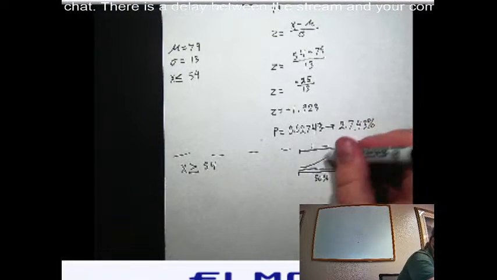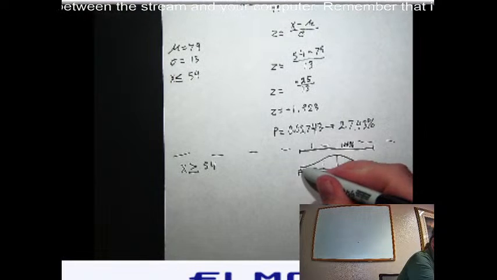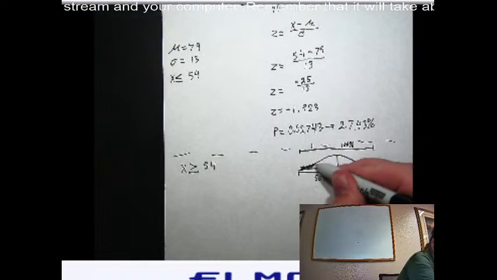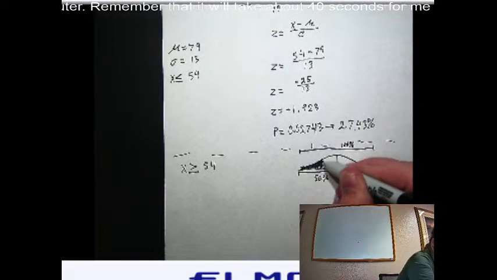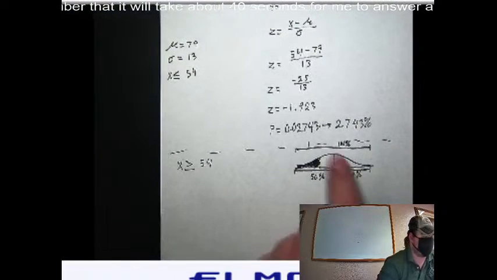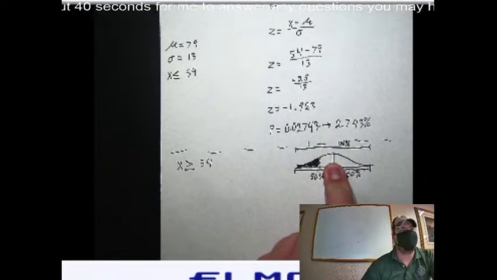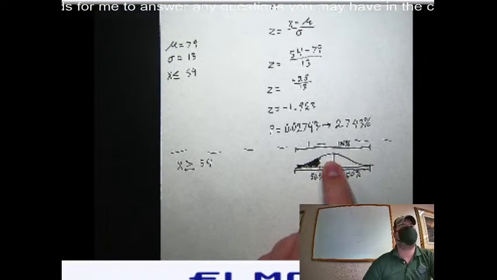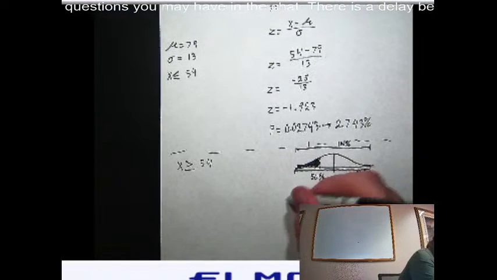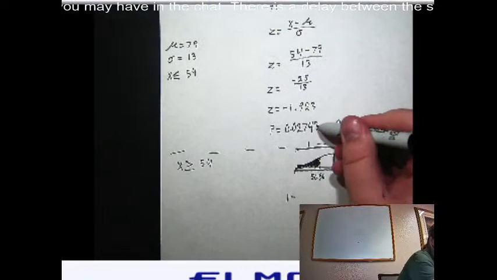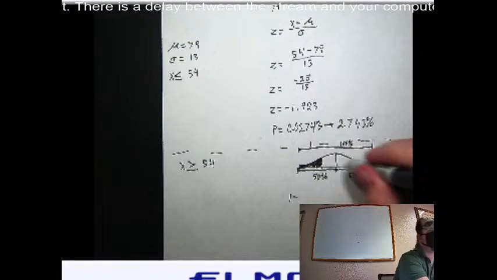So what if we just subtract this side? Take it off. What would we be left with? Well, we'd be left with this side, the stuff that's higher than 54. And that's literally what we're going to do, subtract this side from 1. So 1 minus the probability below will give us the probability above.